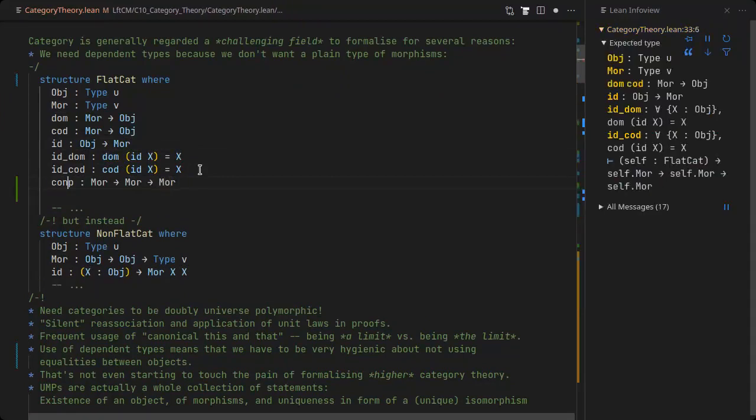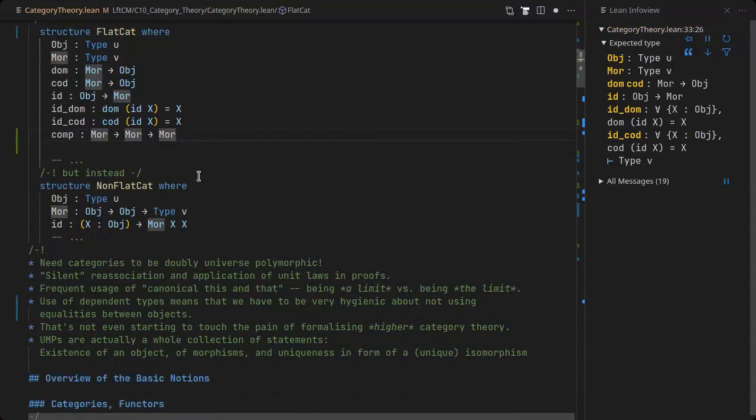But then you've not captured the fact that composition is not global, but partial, because you need to take care of the fact that you can only compose morphisms where the codomain of the first one actually coincides with the domain of the second one. And so you won't be happy if you do it that way. That's why you really need dependent types.